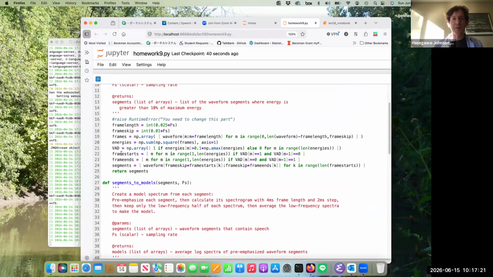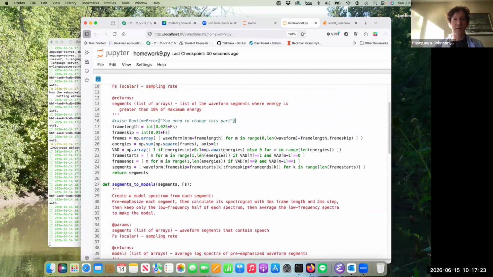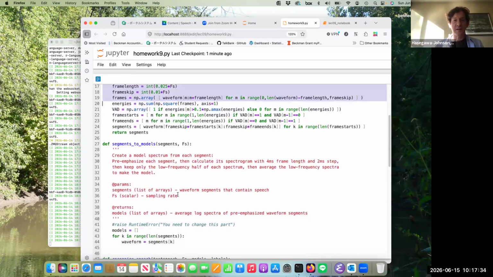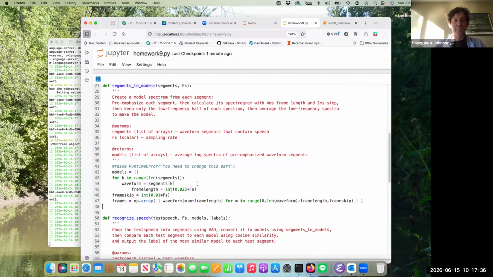And then from there, I just want to calculate the spectrogram of that waveform, but with a 4 millisecond frame length, not a 25 millisecond frame length. So the frame length and the frame skip now are going to be 4 milliseconds and 2 milliseconds rather than 25 milliseconds and 10.